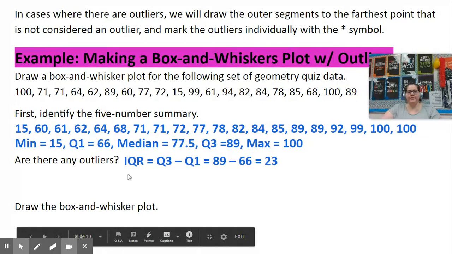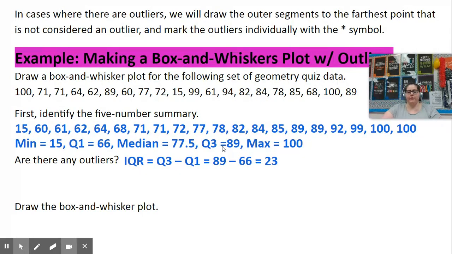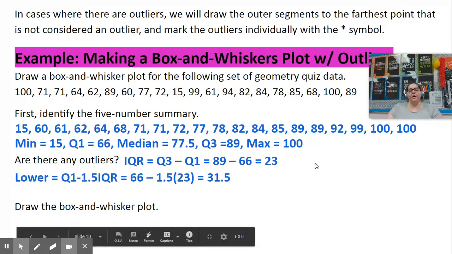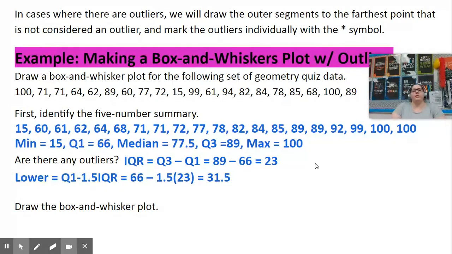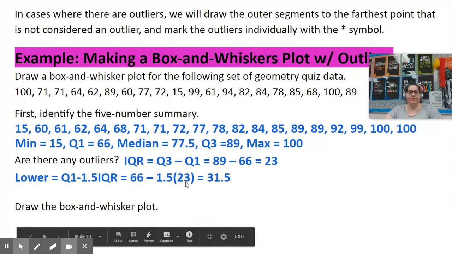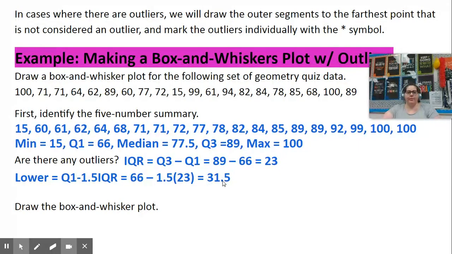So remember, the first step is to find our IQR. Q3 was 89 minus Q1 is 66. So 89 minus 66 is 23. That's our interquartile range. For the lower end of the data, we're going to do the bottom of the box. So Q1 minus 1.5 times the IQR. So 66 minus 1.5 times the IQR of 23 gives us 31.5.